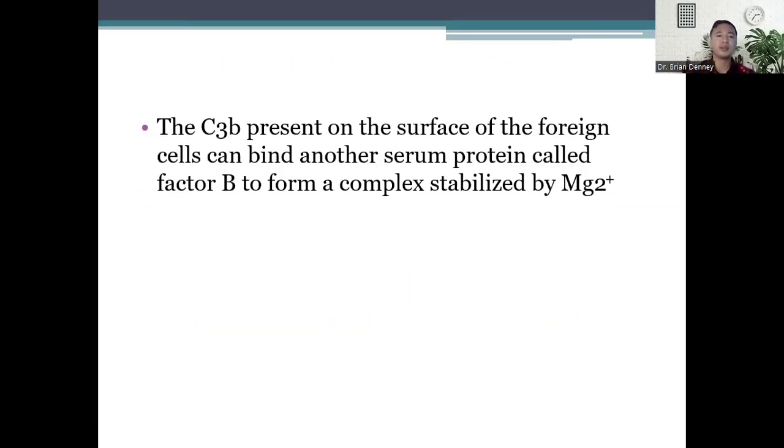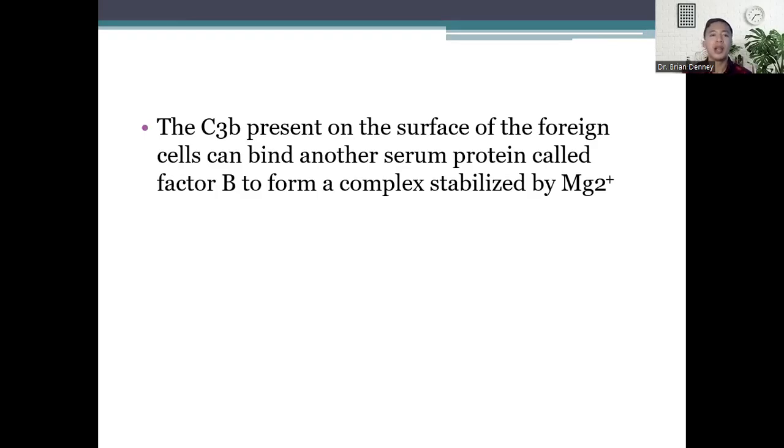So we have now a lot of C3b molecules bound to the surface of the bacteria, virus, or any foreign cells. Now, in the presence of magnesium ions, C3b becomes bound to another complement protein participating in your alternative pathway.